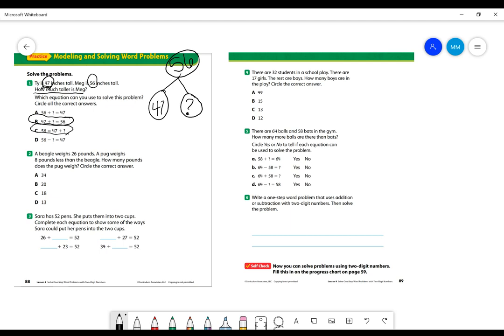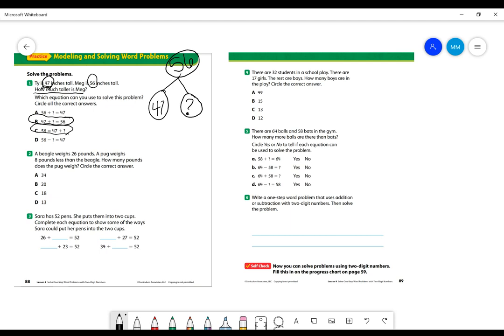And D, 56 minus a missing part equals 47. So this will give us our answer, right? So this is how many inches taller. Well, this is how many inches tall Meg is. The missing part is how many more inches taller she is than Ty. So this is part of the fact family, right?